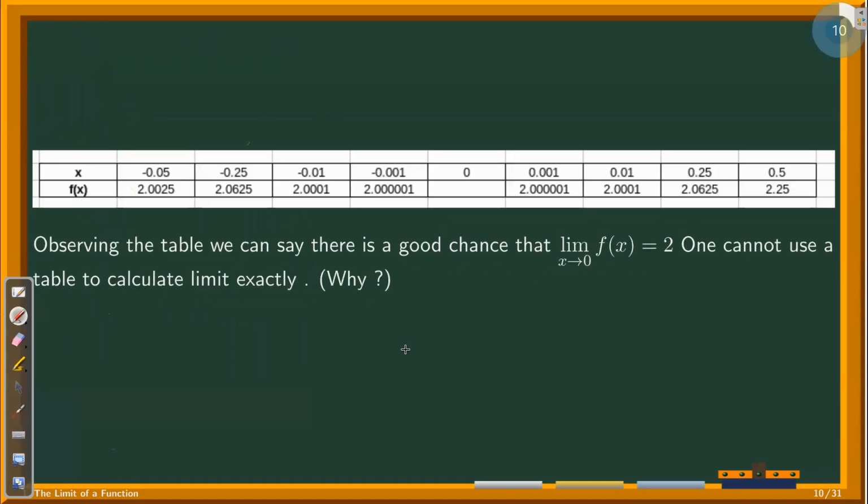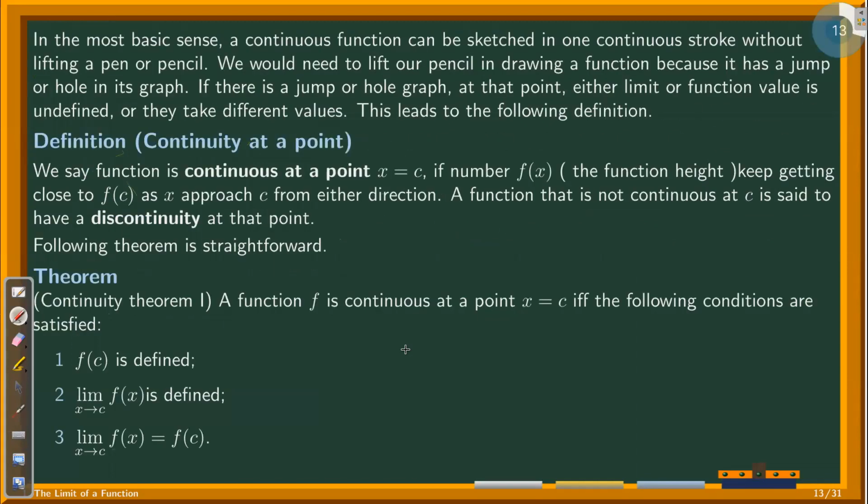But the definition says that if the two-sided limit at a point is defined, it must be equal to the function value. The left limit and right limit have to be the same, then the two-sided limit exists, and the function value is the same. If everything is the same, then it's continuous.